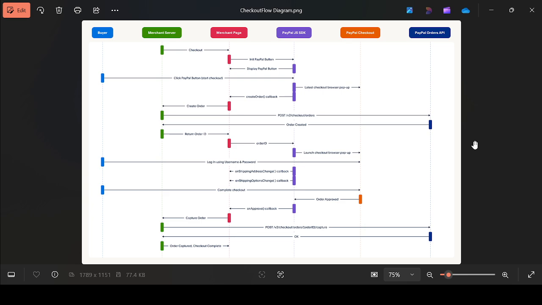In this, we can see the buyer, who is nothing but our customer, the merchant server, which is nothing but the seller, and the merchant page, which is the application. And these three, that is PayPal JS SDK, PayPal Checkout, and PayPal Order APIs, are of the payment service provider. I will shortly explain what happens.